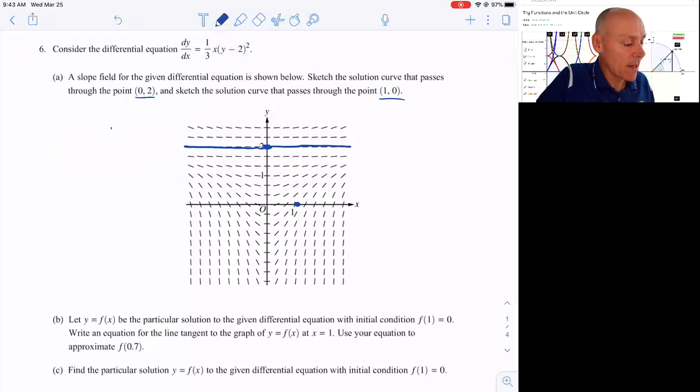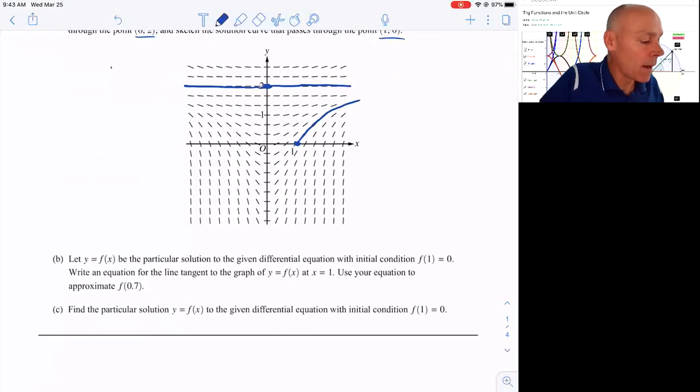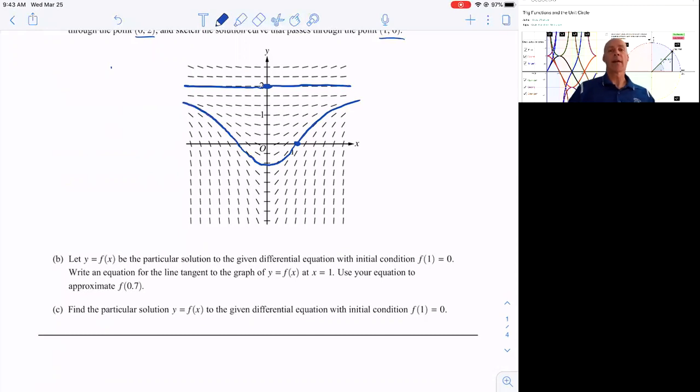As I draw this, I'm going to just sketch and follow along using my tangent lines as a guide of how I draw my line. And then I want to do the same thing, but go to the left. Go flatten out. And that's what I have.